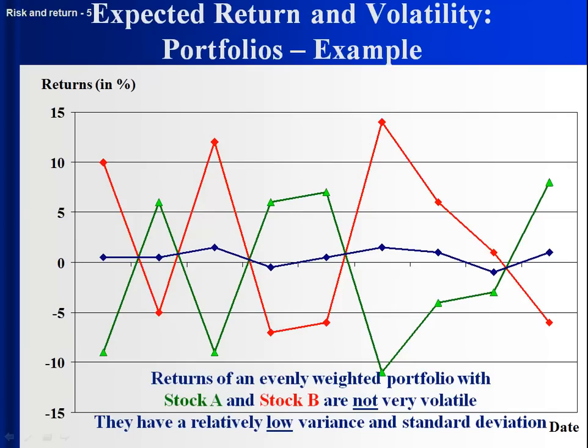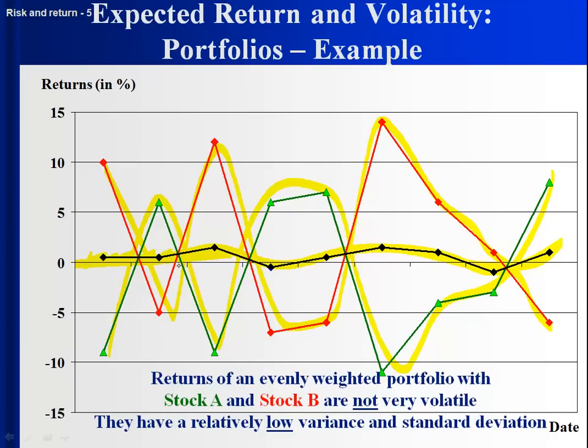You've got A bouncing around, you've got B bouncing around, but what happens to the portfolio? The portfolio returns are actually quite smooth. And the reason is because the returns of A and B tend to cancel each other out.